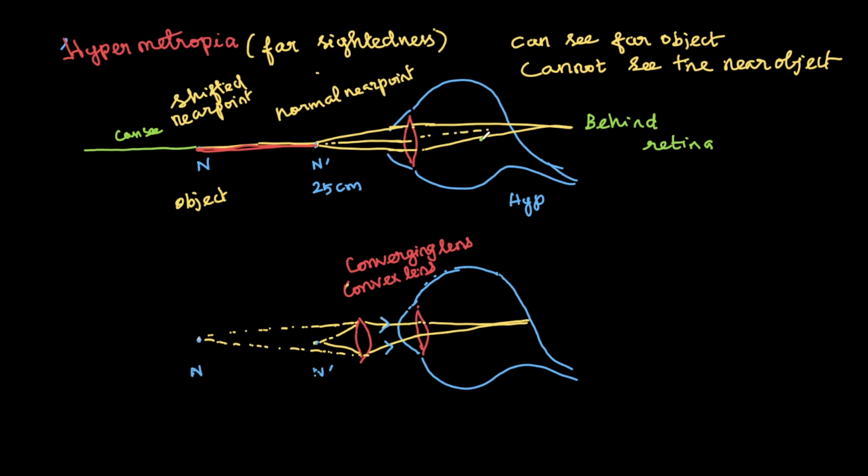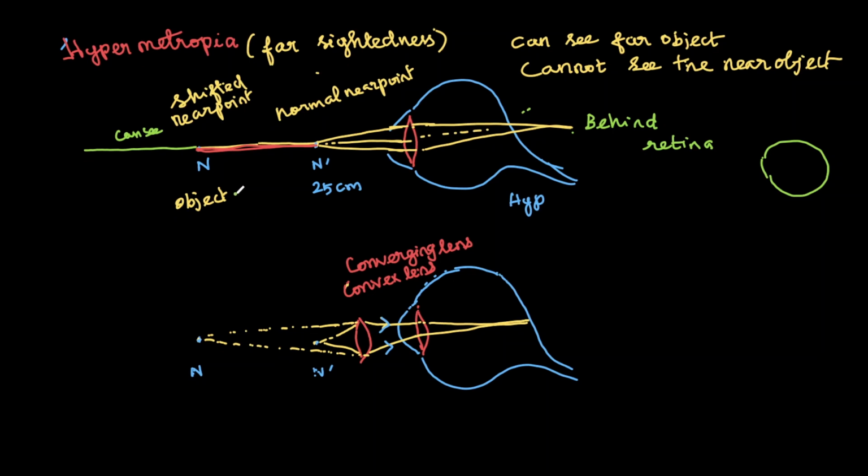The focal length of the eye lens may be too long, so the image goes behind the retina. That may be one reason. Another reason is that the eyeball becomes too small, so that the image will be formed just behind the retina. These are the causes of hypermetropia.